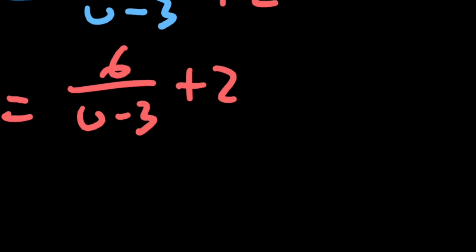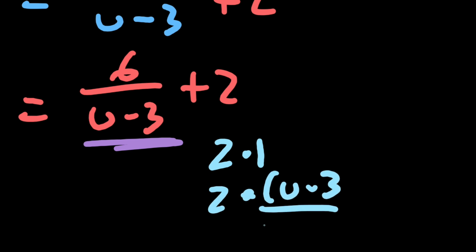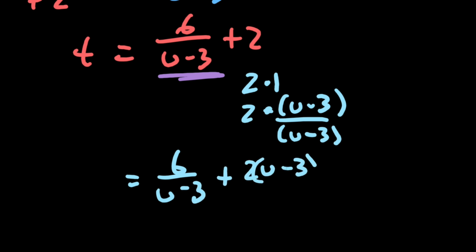Let's see how we can get this 2 to be in terms of u minus 3. What if we just multiply this 2 by 1? Let's say we have 2 times u minus 3 over u minus 3. Then we get t is equal to 6 over u minus 3 plus 2 times u minus 3 over u minus 3.